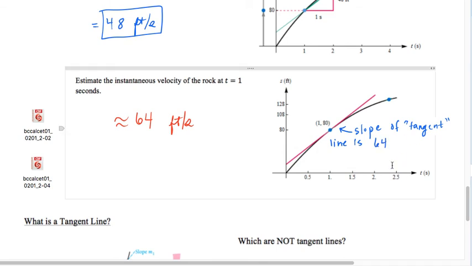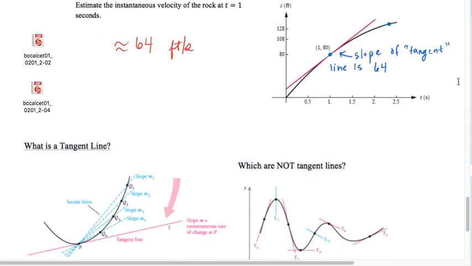Well, the slope doesn't have units, so it's just 64. The instantaneous velocity of the rock after 1 second is 64 feet per second. So what we're going to do in calculus is learn better ways, not numerically and graphically, but an algebraic way to find that exact slope of that tangent line, which would correspond to the instantaneous velocity of moving objects.